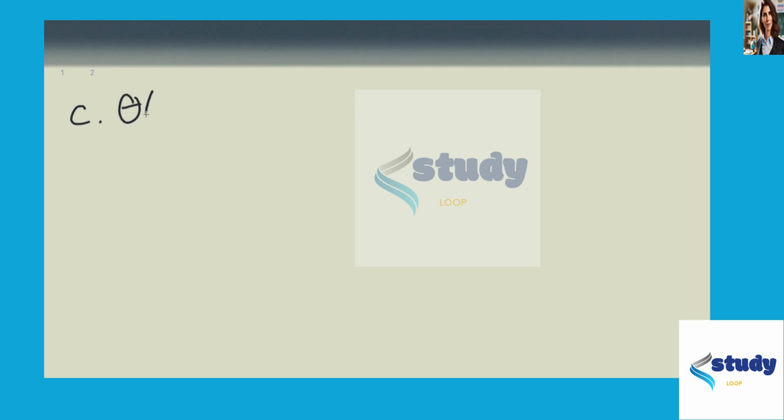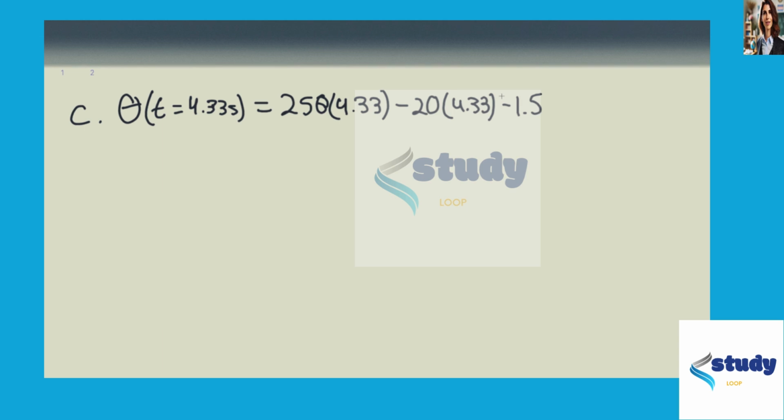So theta at t equals 4.33 seconds is going to be equal to 250 times 4.33, minus 20 times 4.33 squared, minus 1.5 times 4.33 cubed. And this is going to be 586 radians, approximately.